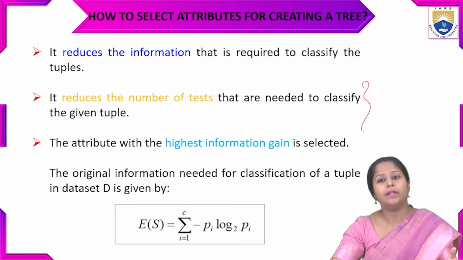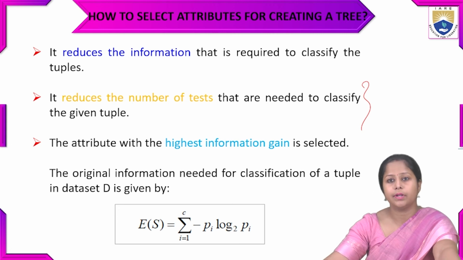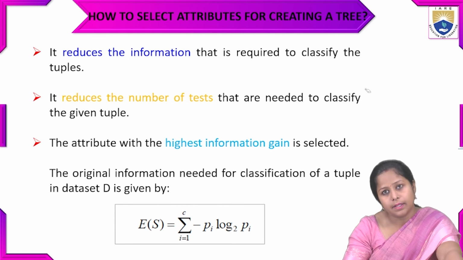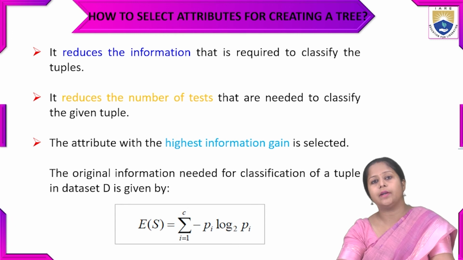The attribute with the highest information gain will be selected as the best attribute. So we use the highest information gain node as the best attribute node.